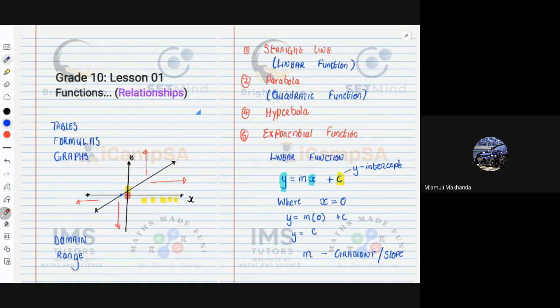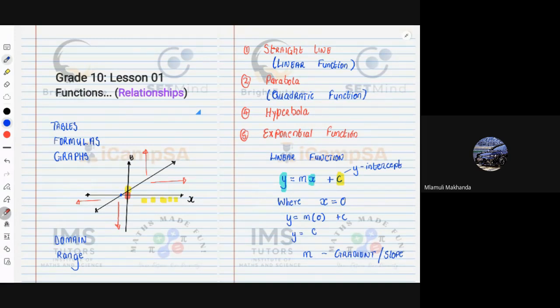And then the domain for this straight line function that we have here, you can see, as we said, that the function is continuous. If we go in this direction, we always start with the small value when we are representing the domain. It obviously goes up until negative infinity, and also if we come in this direction, the number just keeps on getting bigger and bigger. It goes to positive infinity.